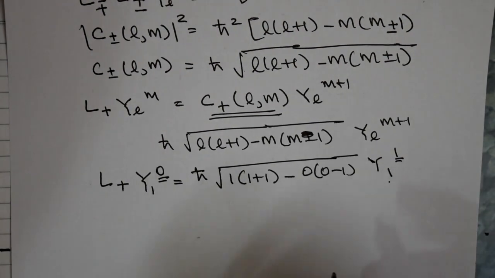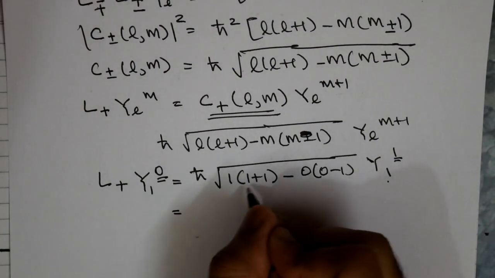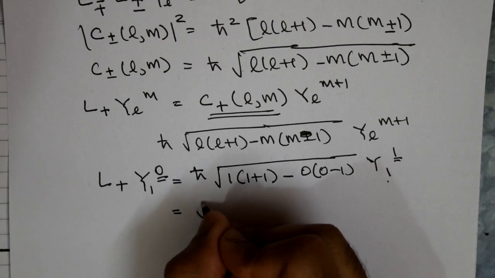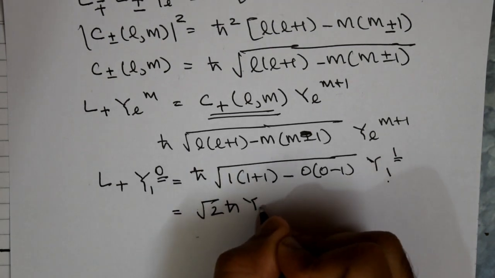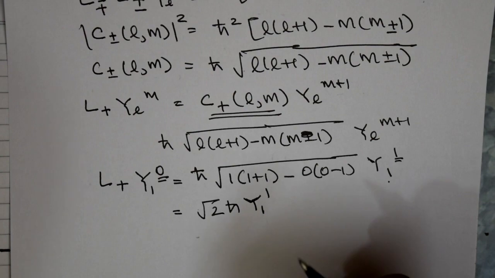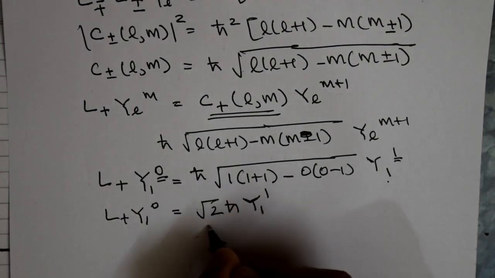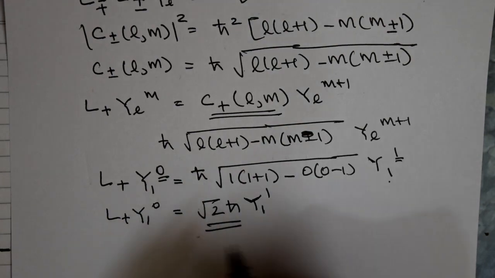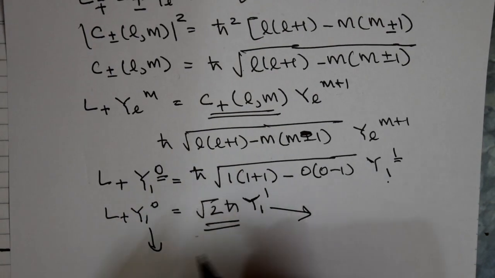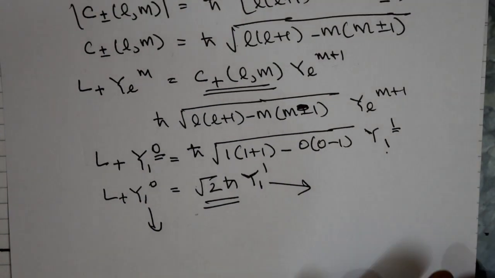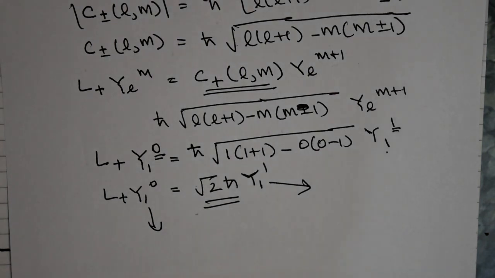So this is nothing but square root of 2 times h cross Y11. So L plus on Y10 will be this. And this is nice to have because you know what is Y11, you know what is Y10. We just learned in the last lecture how these can be easily deduced from whatever we have learned earlier about the Legendre polynomials. So this gives you an exquisite handle on how things can be changed.